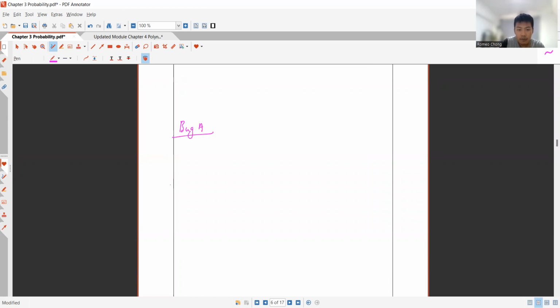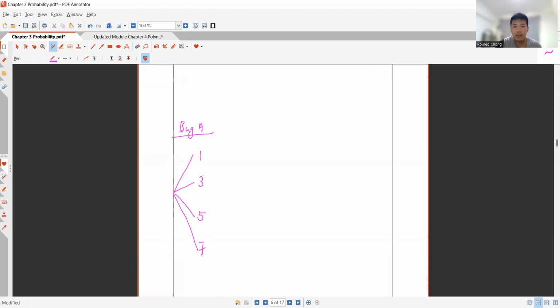So in bag A, there are 4 possible outcomes: 1, 2, 3, and 4. So what are the numbers in bag A? You have 1, 3, 5, and 7.